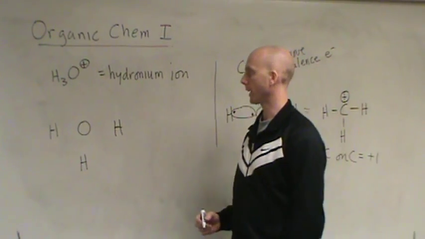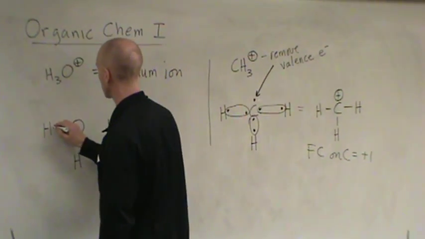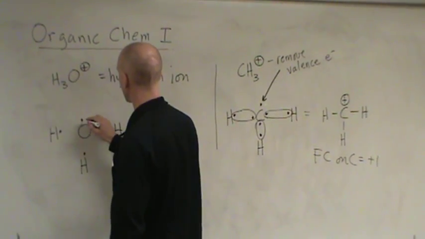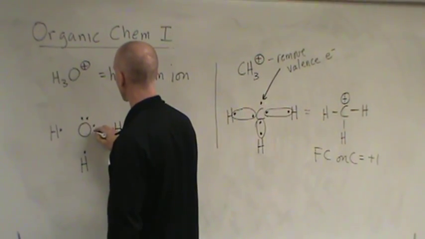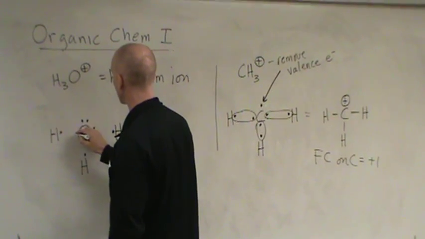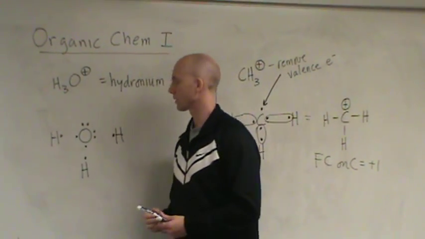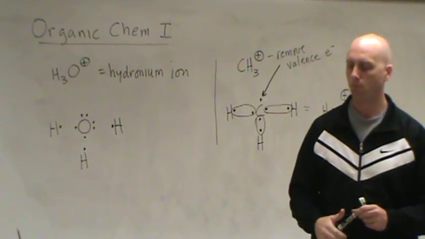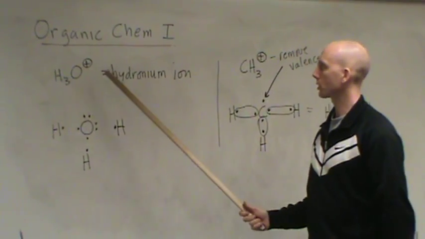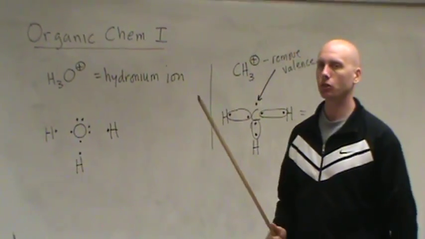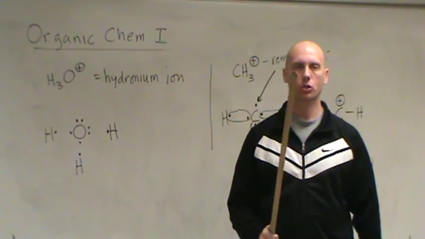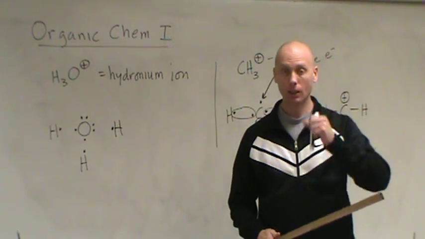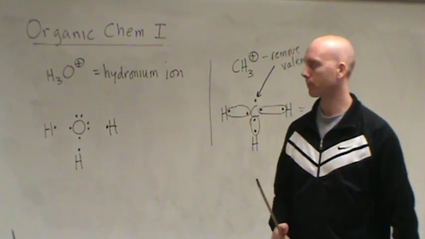Now let's write the valence electrons. Okay, so there's the valence electrons on the atoms. Okay, you note I'm waiting till the end to use my charge to my advantage. Okay, so don't try to do it ahead of time or you could get a little bit messed up.